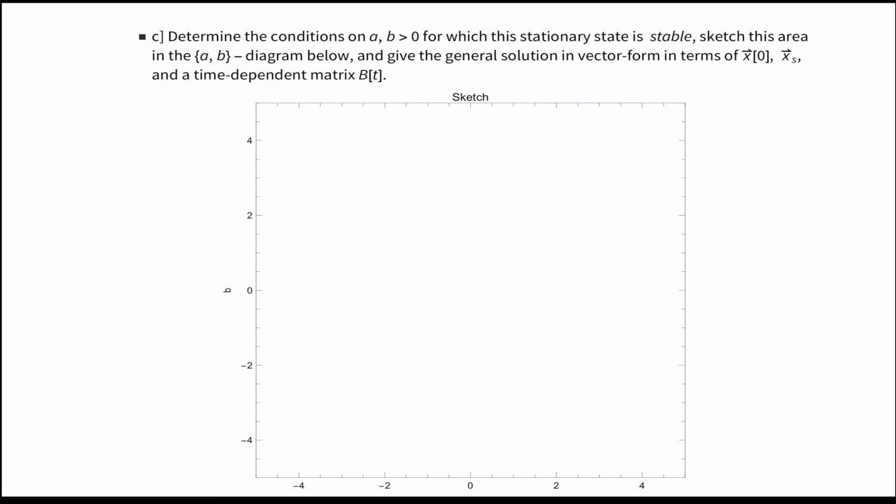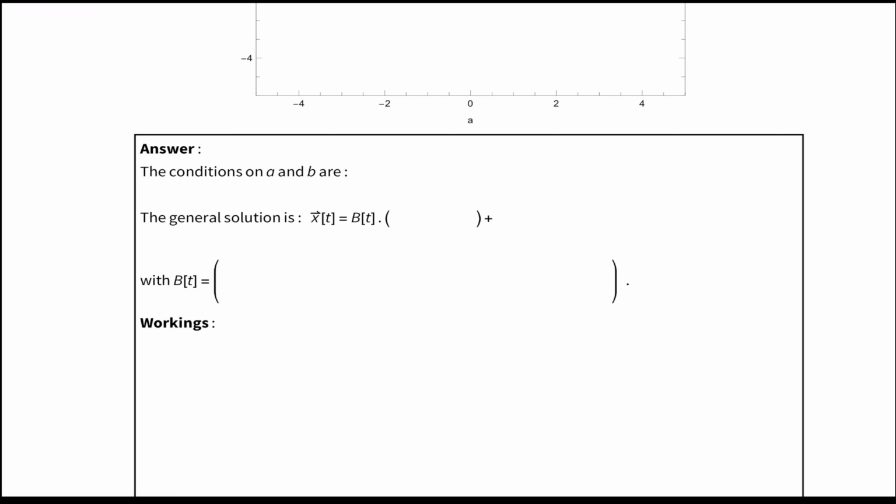Moving on. Part C: determine the conditions on a and b, which are greater than 0, for which the stationary state is stable. Sketch this area in the a, b diagram below and give the general solution in vector form in terms of the vector x0, the stationary state vector, and a time-dependent matrix B. Okay, cool.